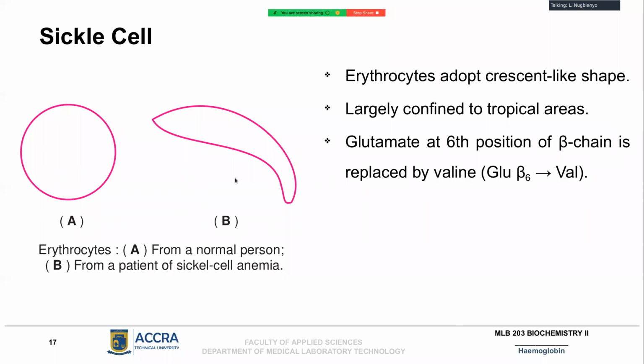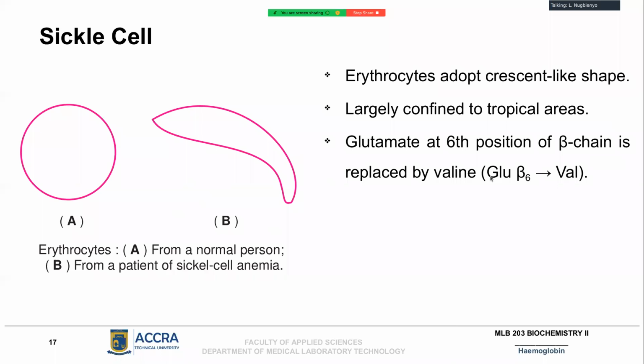And that sickle cell on a molecular level is caused by just a missense mutation on the gene. If you are counting the gene 1, 2, 3, you remember these are trinucleotides. So 3 nucleotides are coding for 1 amino acid.